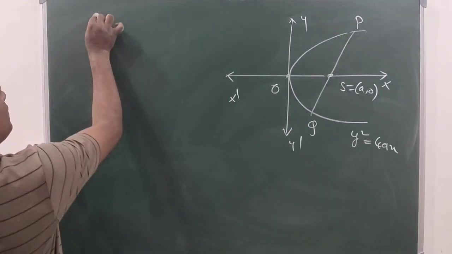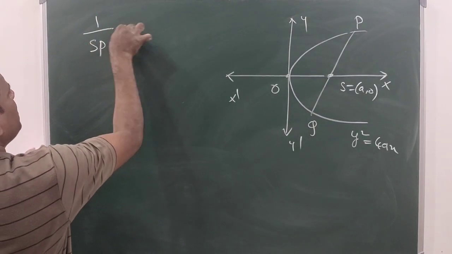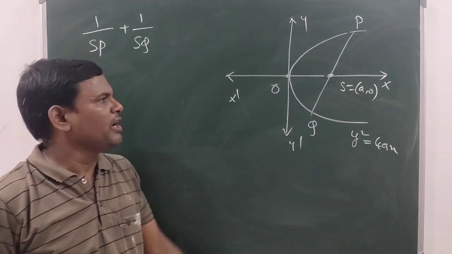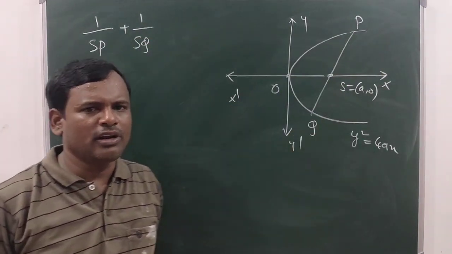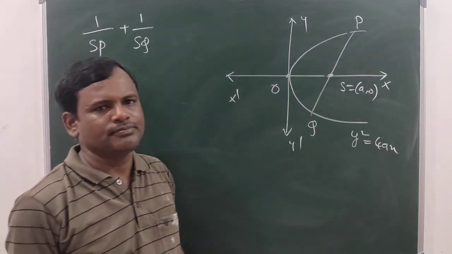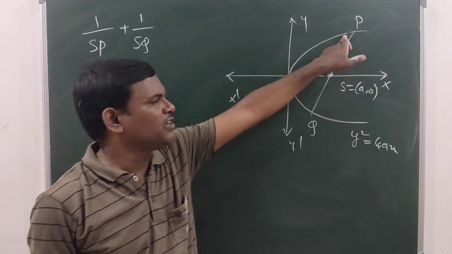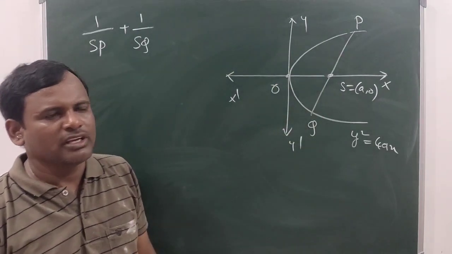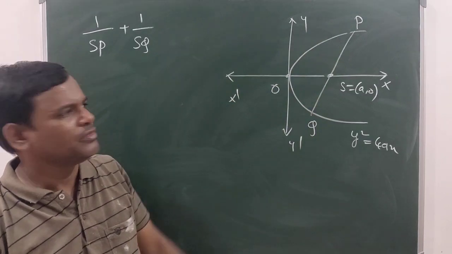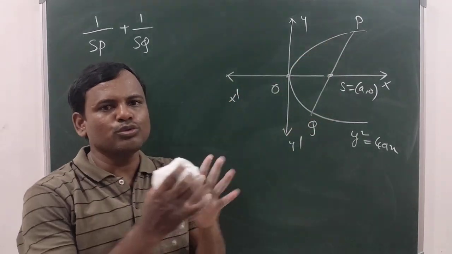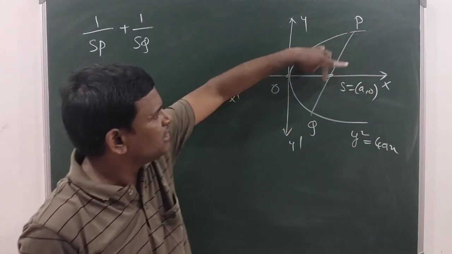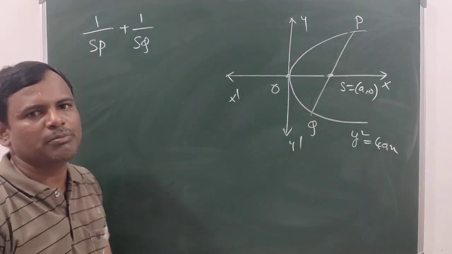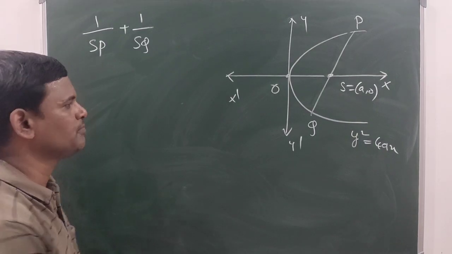Then find 1 by SP plus 1 by SQ is equal to how much? This PQ is a focal chord. SP is one of the segments made by that chord, and SQ is one more segment on this PQ. This S is dividing PQ into two segments. So SP is one segment, SQ is one segment. Then measure 1 by SP plus 1 by SQ is equal to how much?